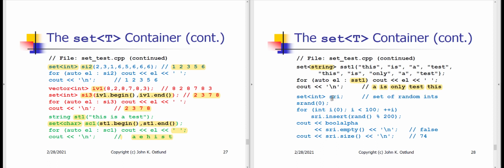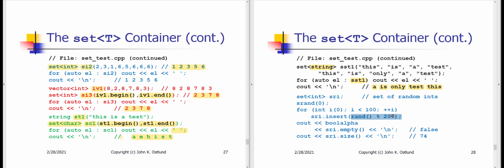Here in the blue code, I'm setting up SRI as an empty set of integers. And now I'm going to generate random numbers and insert those random numbers into the set. So that everybody gets the same values, I'm starting my random number sequence by setting the seed to 0. I'm going to use an ordinary for loop to insert 100 values into the set of random integers.